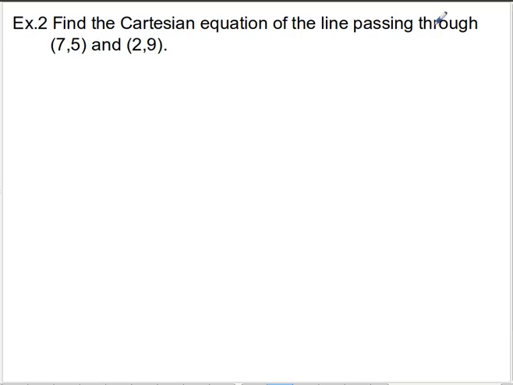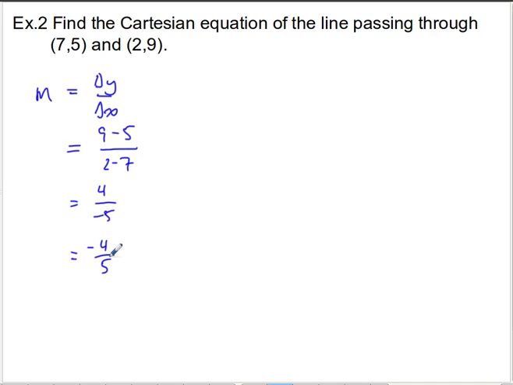We will start with the slope, which is the change in y over the change in x. This is just standard algebraic methods. So it's 9 minus 5 over 2 minus 7. So we end up with 4 over negative 5, which we would normally write as negative 4 over 5.